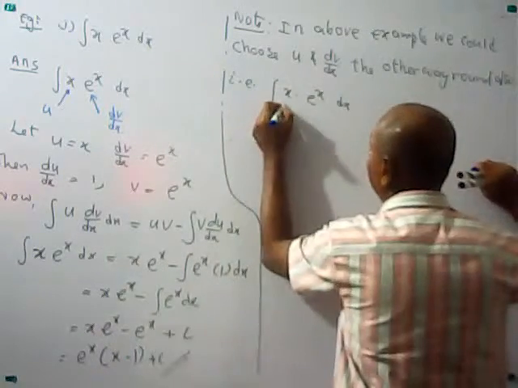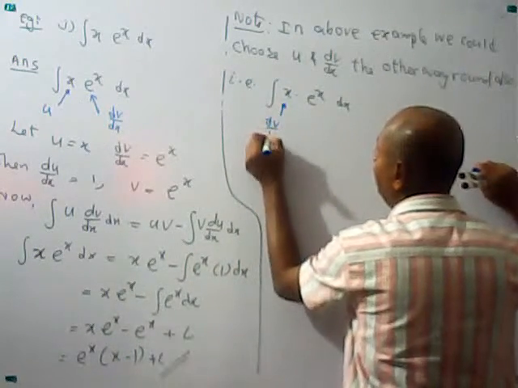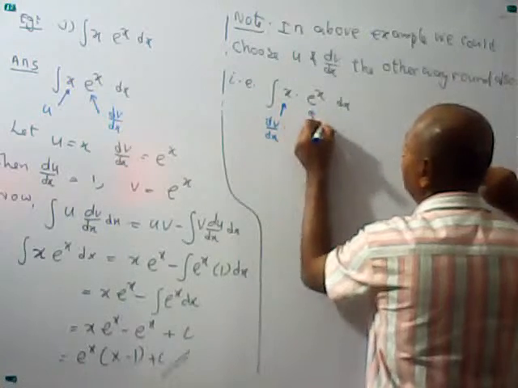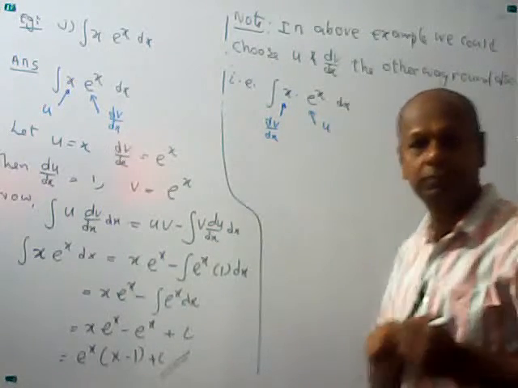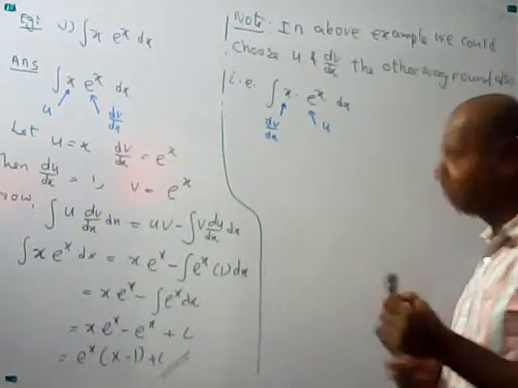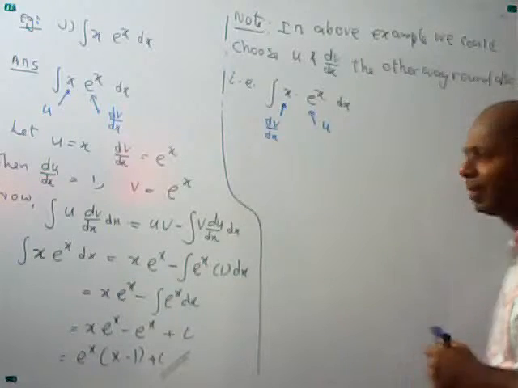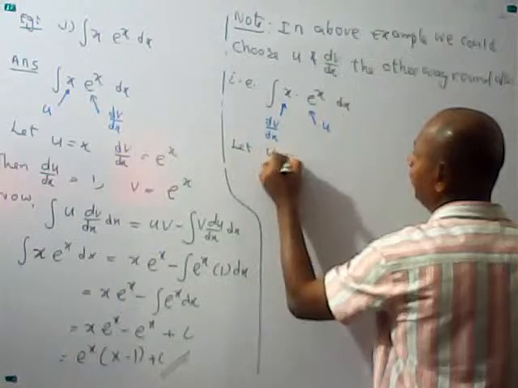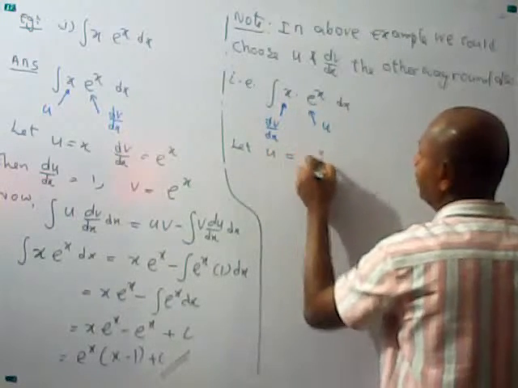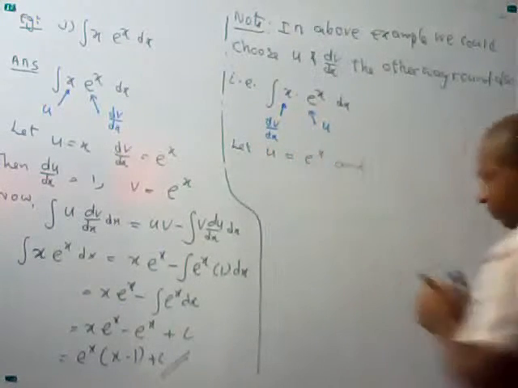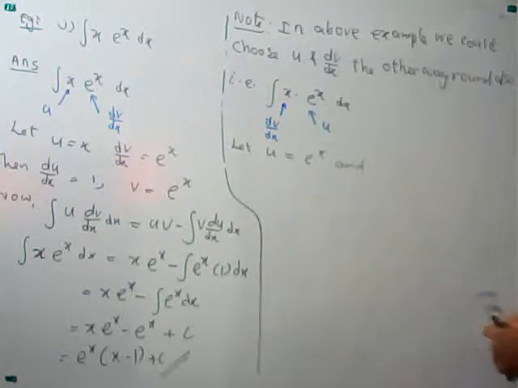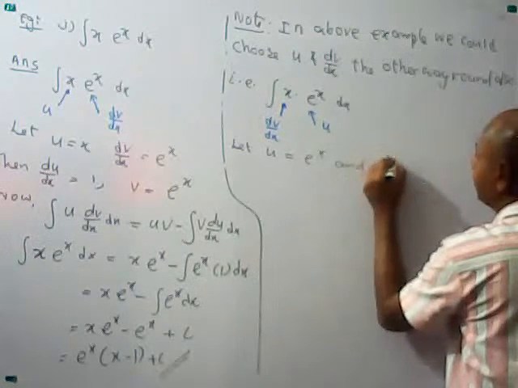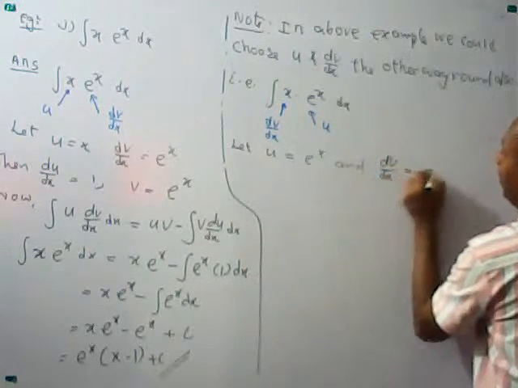This is your dv by dx and this is your u. So let u be equal to e^x and dv by dx be equal to x.